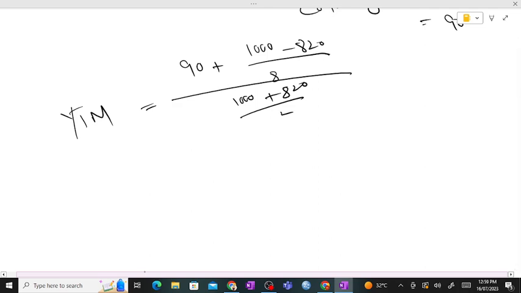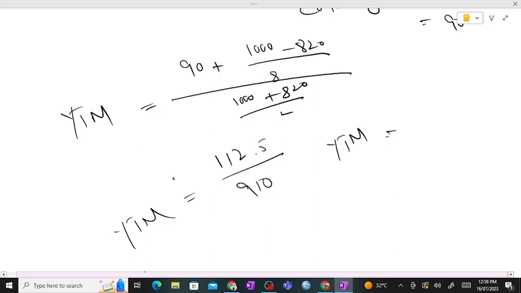At the end we get 112.5 divided by 910, and ultimately we get 0.1236, and when you multiply by 100, you get about 12%.